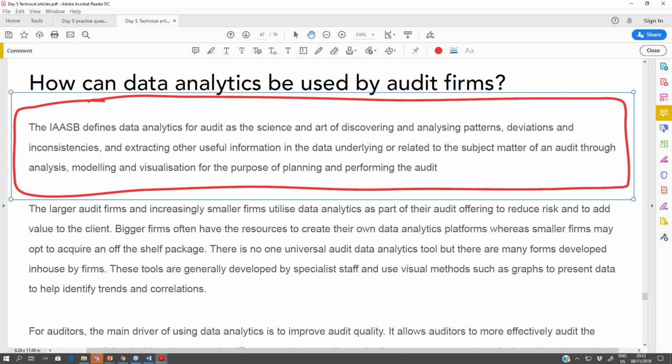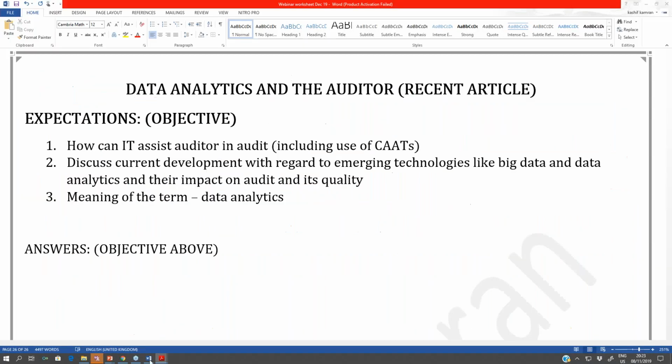If you want an easy version, rather than learning this definition which has been put in red on this page, the first is the meaning of the term data analytics.